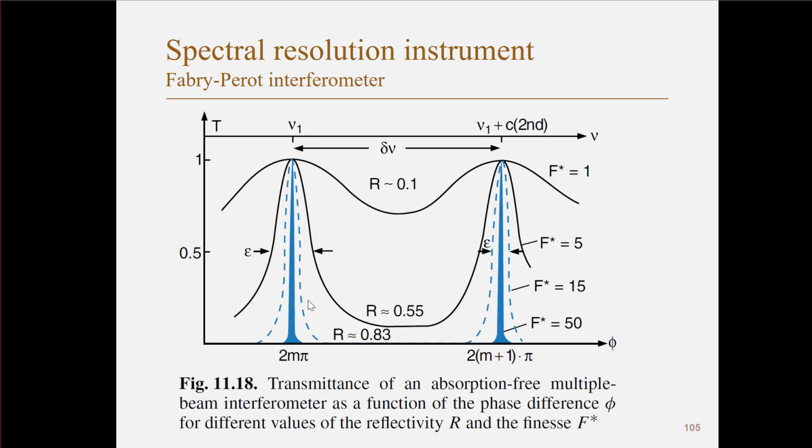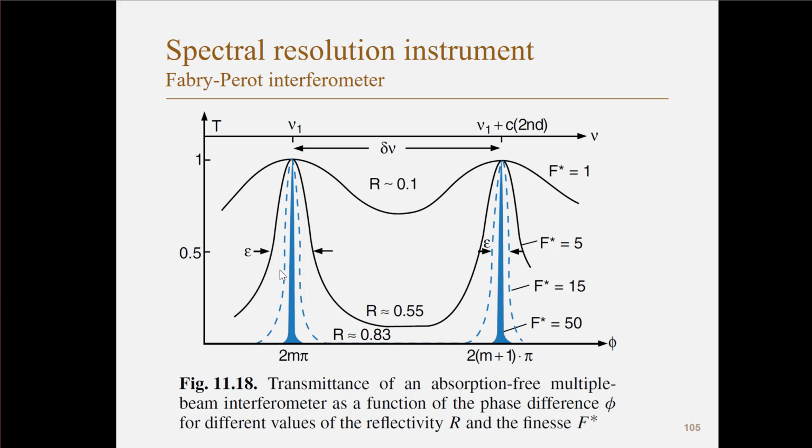So here we see a transmission through a Fabry-Perot interferometer. Depending on the reflectivity, if we have very low reflectivity, it goes up and down as you change the length of the Fabry-Perot interferometer, in a similar way as we changed the length before.